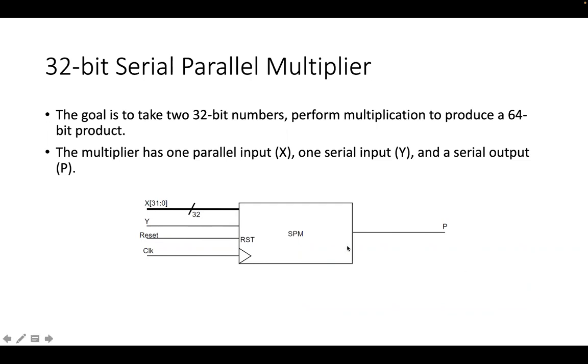The multiplier has one parallel input, which is X, where it takes all of the 32 bits in parallel, and one serial input, which is Y, and produces the product P serially. And that's where the name came from, serial parallel multiplier, as it has two inputs, one of them serial and one of them parallel.